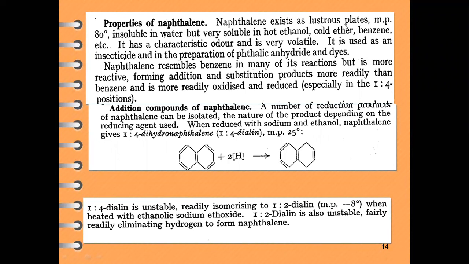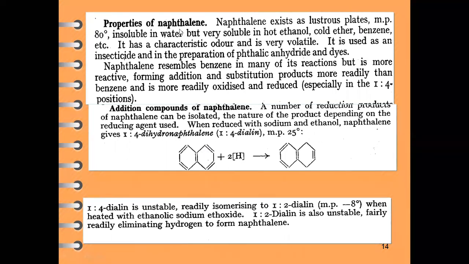Naphthalene exists as lustrous plates, meaning shining plates, having a melting point of 80 degrees centigrade. It is insoluble in water, as it has a non-polar structure containing 10 carbon atoms.